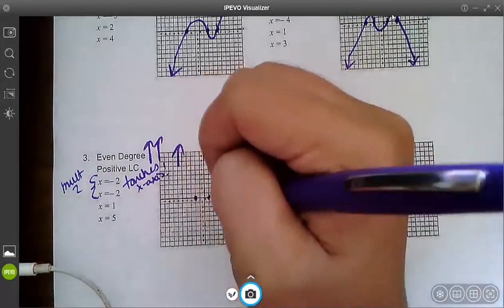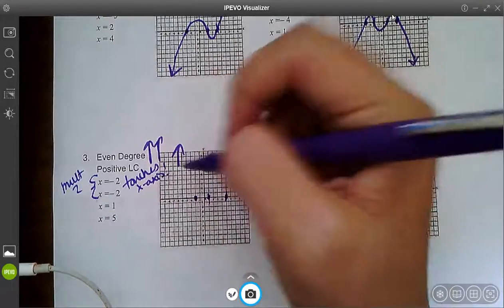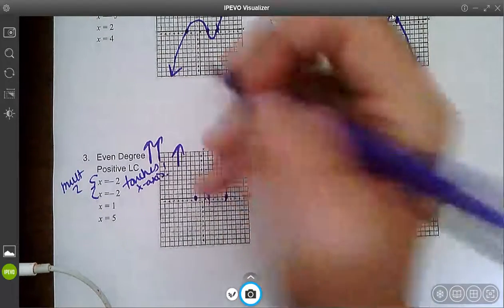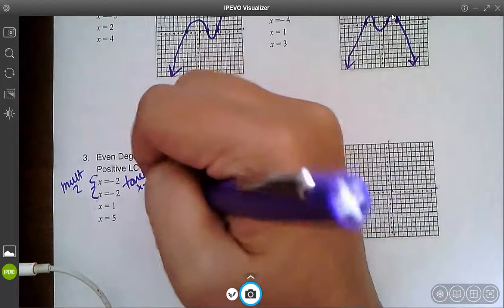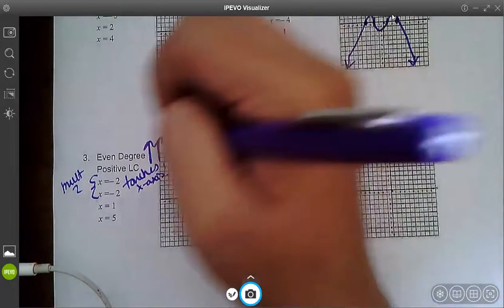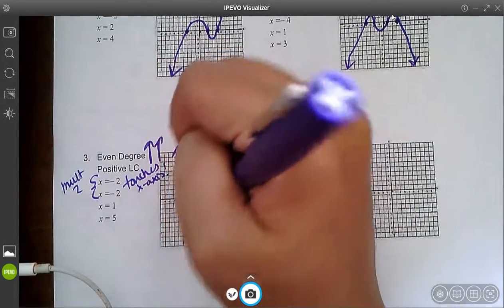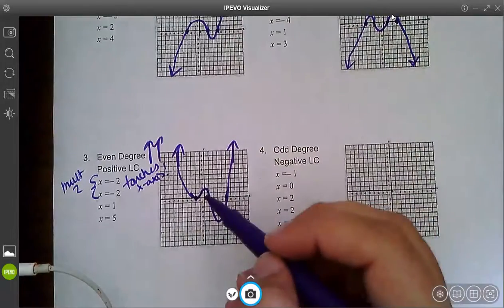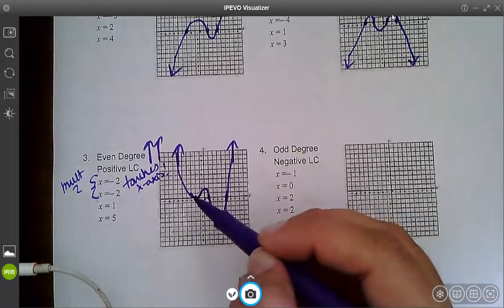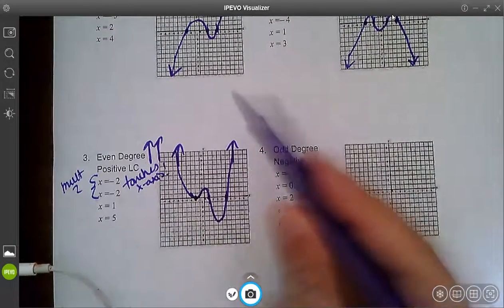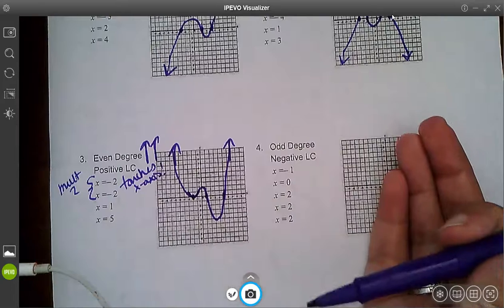Those just happen one time, so those are going through. Because of where it's coming from, we are going to touch on that side. Again, this can go higher, this can go lower, but as long as this touches, these cross, and your end behavior is going well, then you're good.